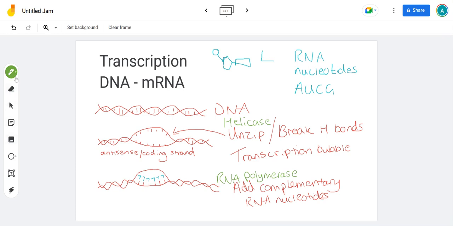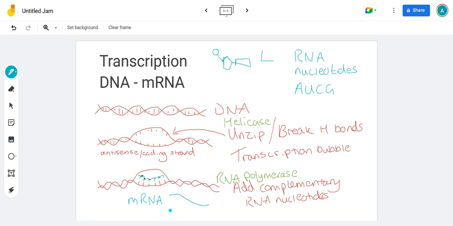Okay, and the final thing that happens is that they just get joined together. So finally, we just join together the backbone of those nucleotides to form a continuous strand of RNA, and that RNA is called mRNA, which stands for messenger RNA. And that mRNA can then get, I might draw the spaces sticking out, will then get released.